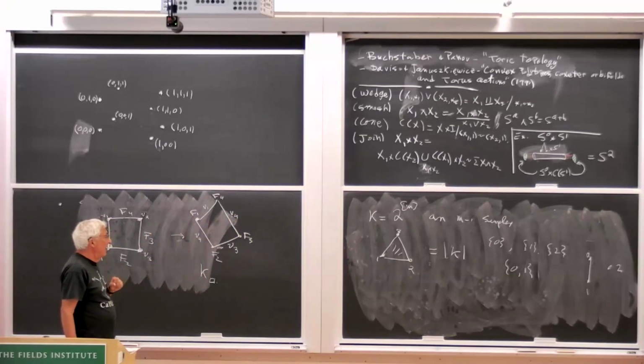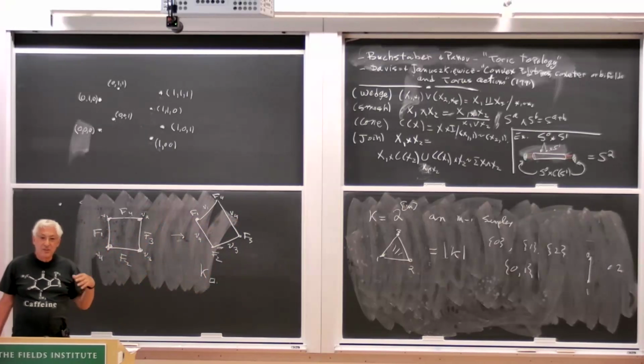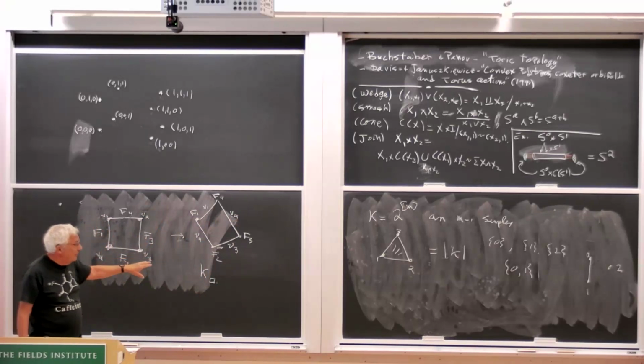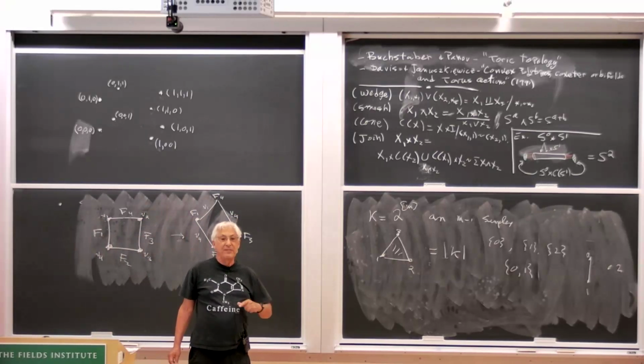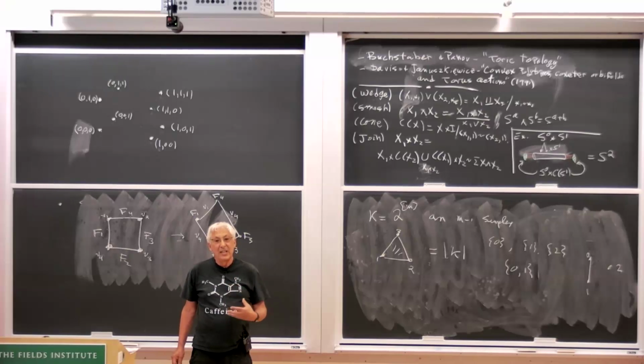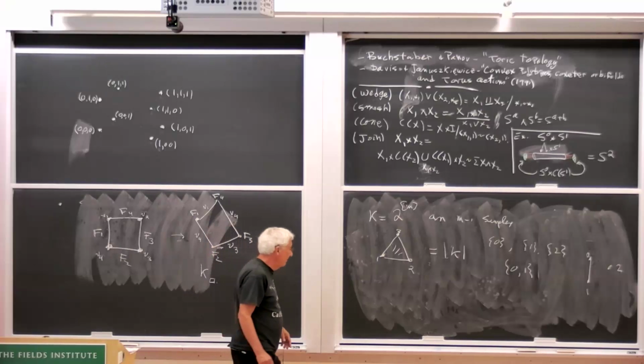So it was observed, I think it goes to ideas of Strickland, Buchstaber, and Panov, that associated to the simplicial complex constructed from the polytope, I could give an alternative definition of the moment angle complex, which sits inside an M-fold product of disks, a huge cube, which I'm going to do now.